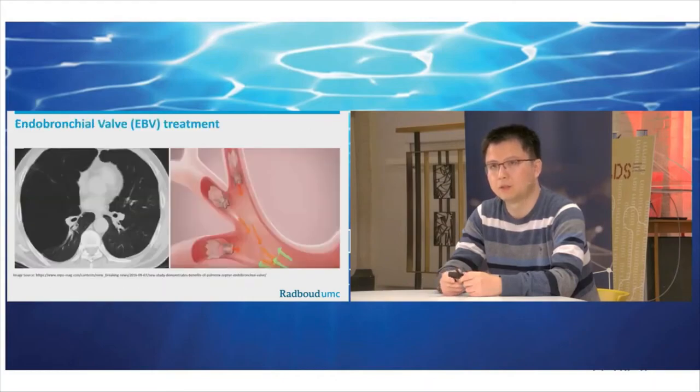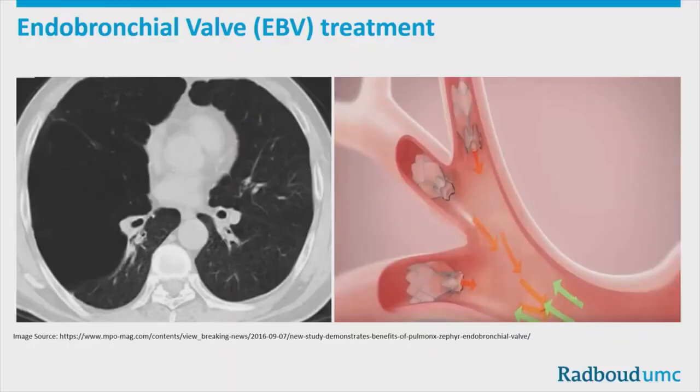So, one of the treatments for severe COPD, severe emphysema cases: on the left side image, you see that this patient has, on the right lung, lots of emphysema, showing as darker regions in this image.